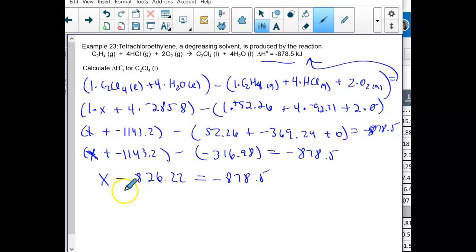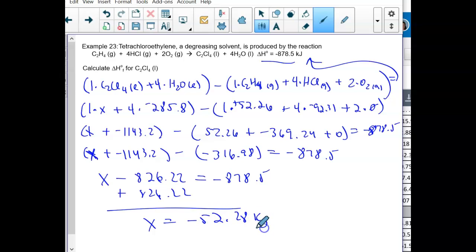I'm solving for X, so that means I'm going to add this to both sides. So X equals negative 878.5 plus 826.22, and I get negative 52.28 kilojoules for my X value.